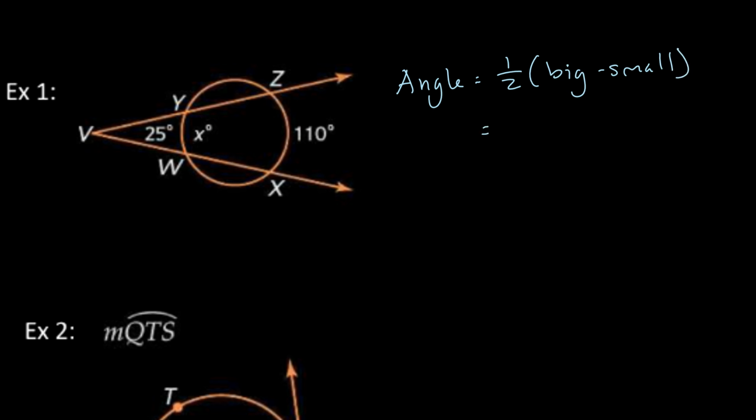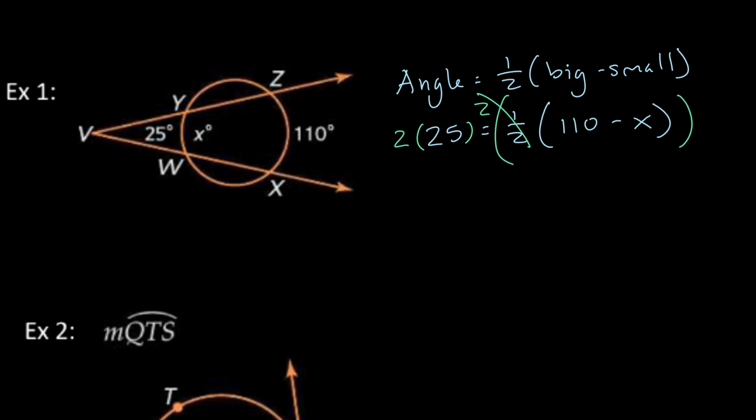What's our angle? And the big arc that it creates minus the small arc, which is x. Now there's two things I can do here. Either I can distribute, or what else can I do? I'm just going to go ahead and multiply by 2 to get rid of the 1/2.